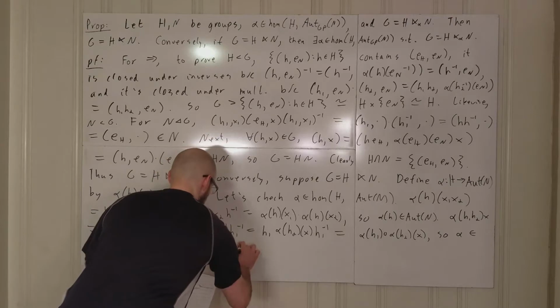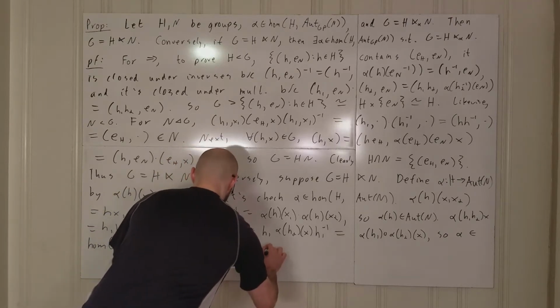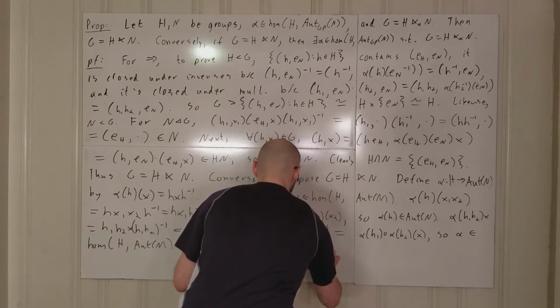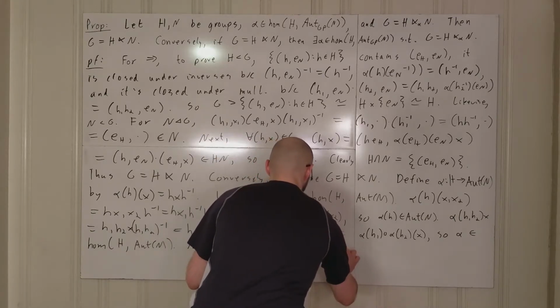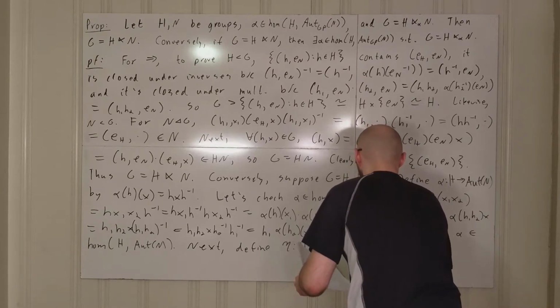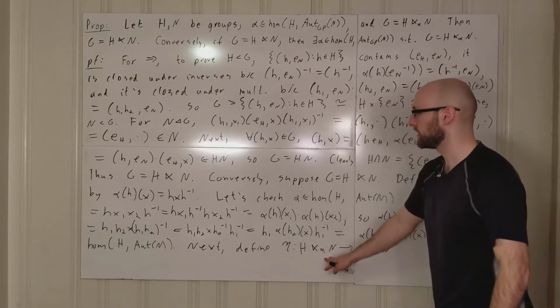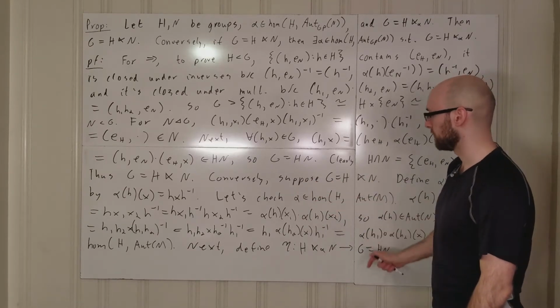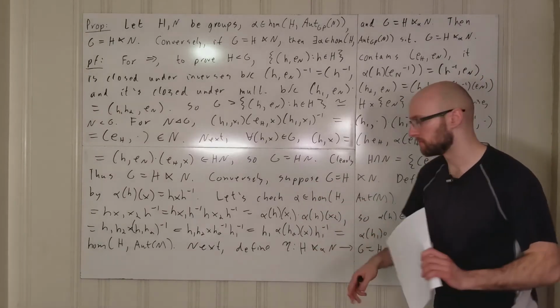Next, we're going to define a map eta from H semidirect with alpha N to G equals HN. Of course, we can define this now because alpha is in the desired place and H and N are groups in and of themselves.